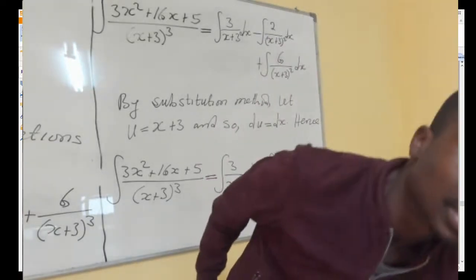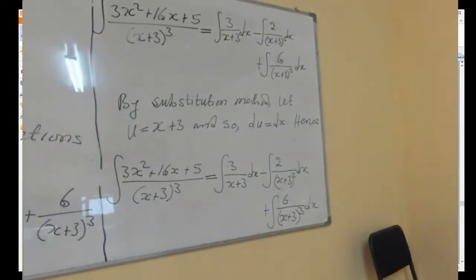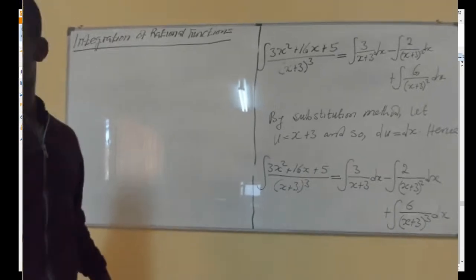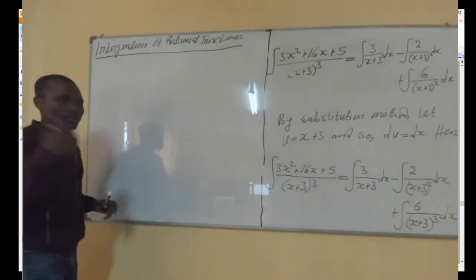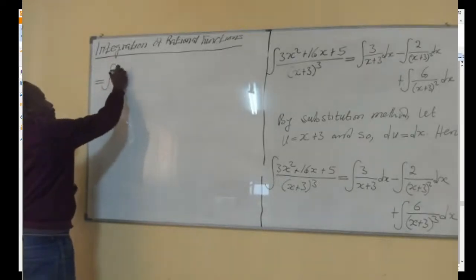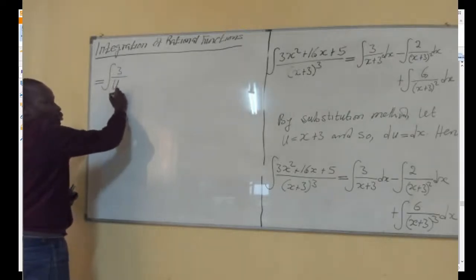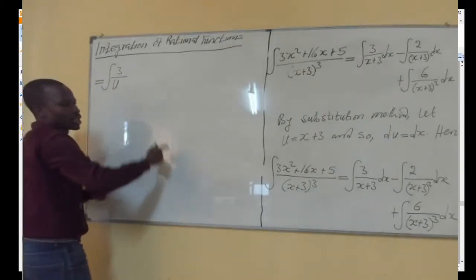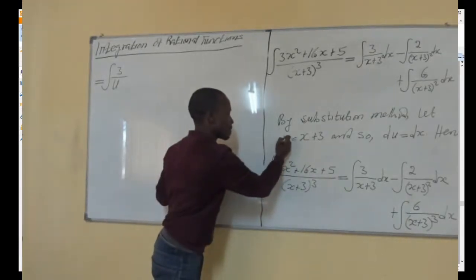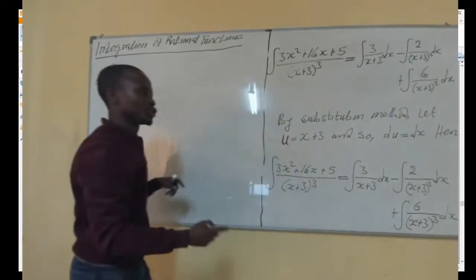This is just equal to, now by the substitution, the integral of 3 over u, because x plus 3 we have substituted to be u, and du is equal to dx.